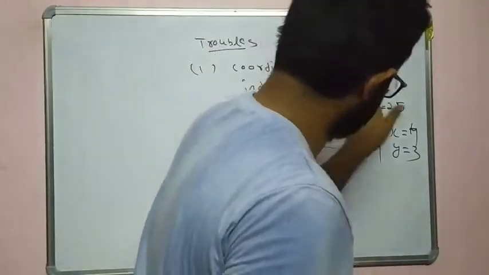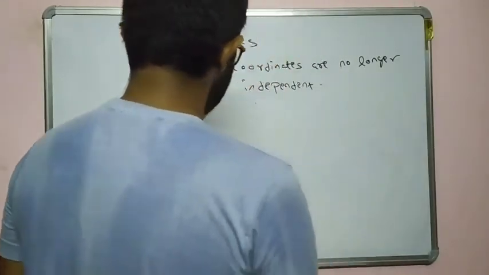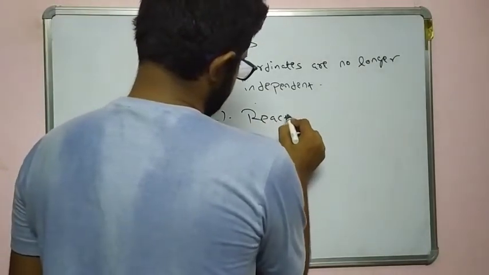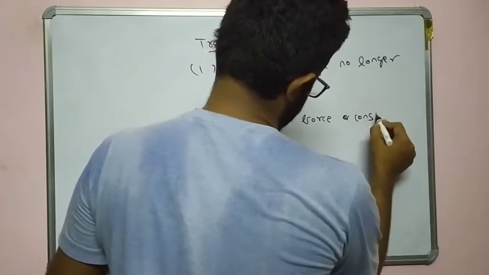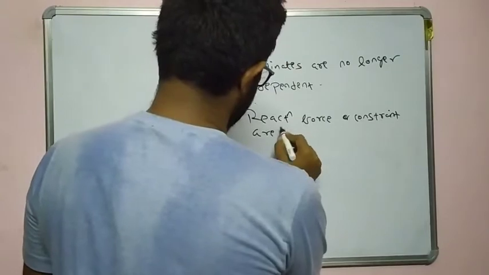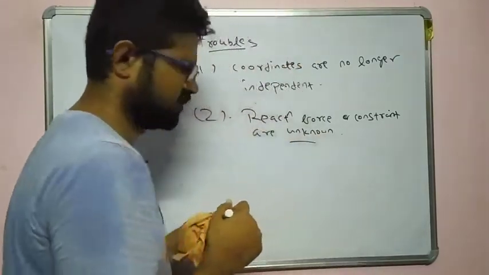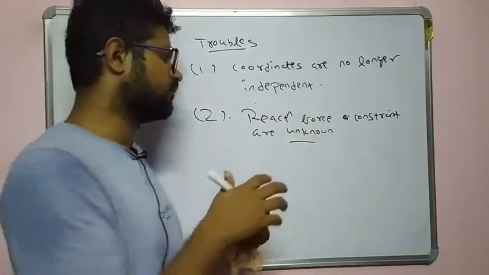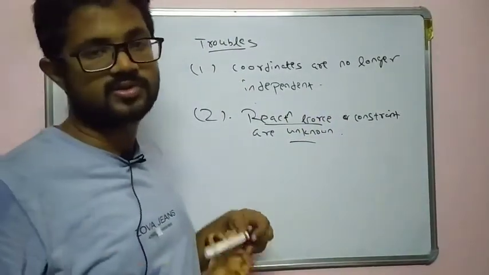Another main trouble in constraint is that the reaction forces of constraint are unknown. You know what a reaction force is: action has a reaction. If you want to find the reaction force, you should know the action, otherwise you cannot find the reaction.